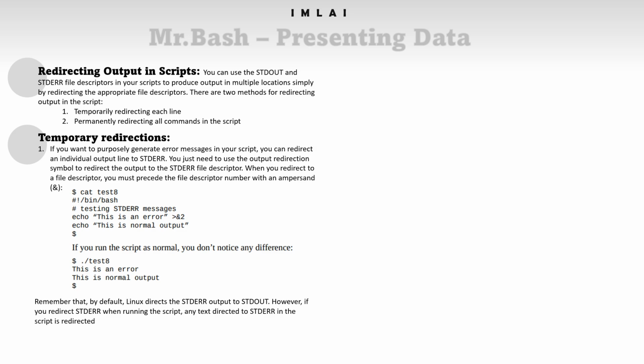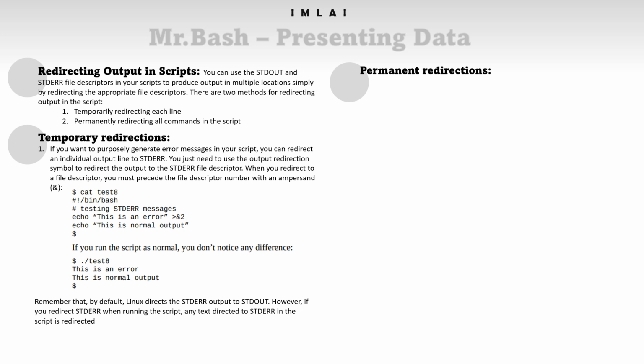So now permanent redirection. If you want to purposefully generate error messages in your script, you can redirect an individual output line to stderr. You just need to use the output redirection symbol to redirect the output to the stderr file descriptor.